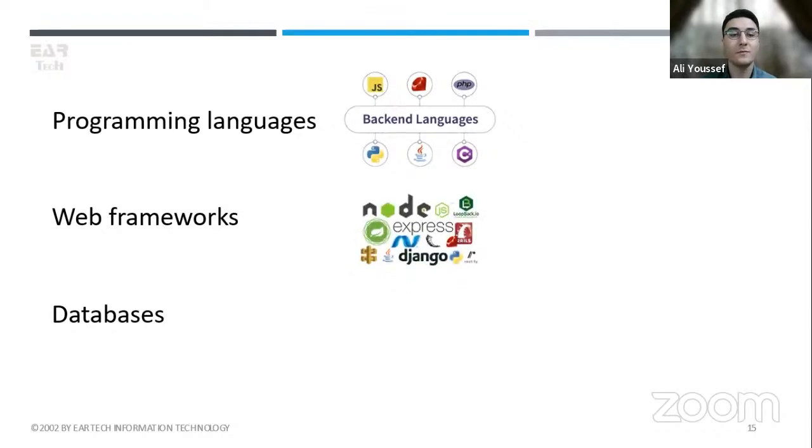They also use web frameworks, which are pre-built structures and libraries to streamline web application development. And they use databases too, like SQL databases like MySQL, and NoSQL databases like MongoDB. They're used to store and retrieve data.